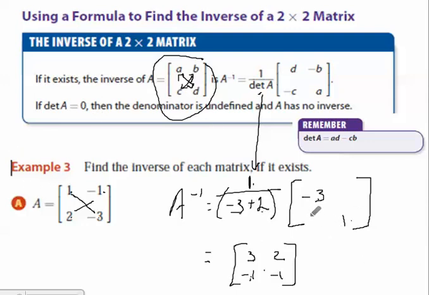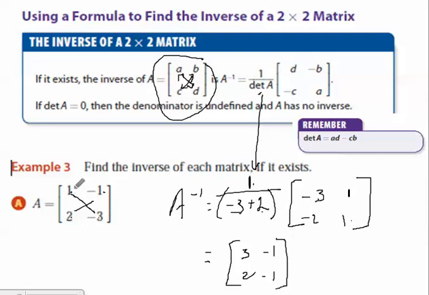So this one becomes a negative 2, and this one becomes a positive 1. Okay? So that changes this down here. So my inverse function now, A inverse becomes, because I got to multiply it times a negative 1, is 3, 2, 1, 1. 1, negative 1.